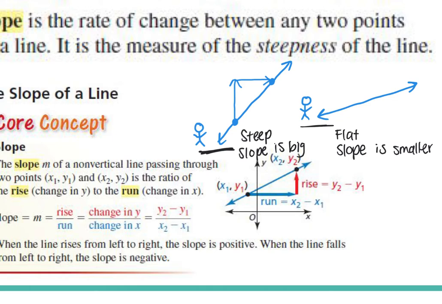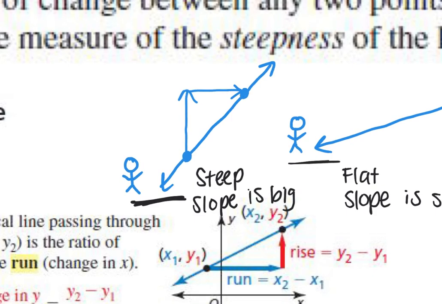Do you see how the vertical component is pretty large compared to the horizontal one? This line right here is bigger than this one. Do you guys agree with that?